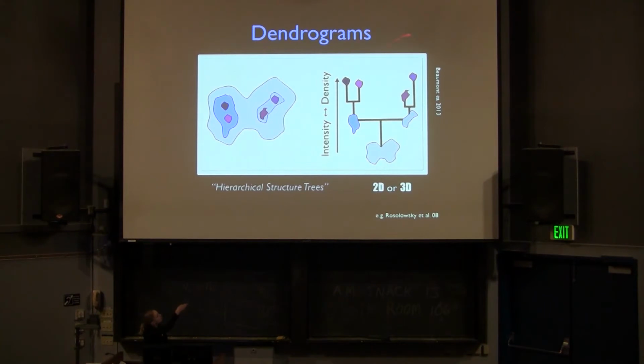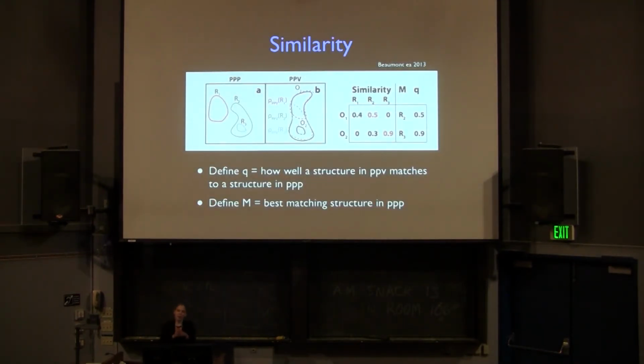Yeah, so the terminology for these things up here are leaves, and then you might call this the trunk. Okay, so after running this dendrogram on a particular data cube, you then have to define parameters to say how well you're recovering structure and how similar are these structures. So I'm going to do a very simple example here.